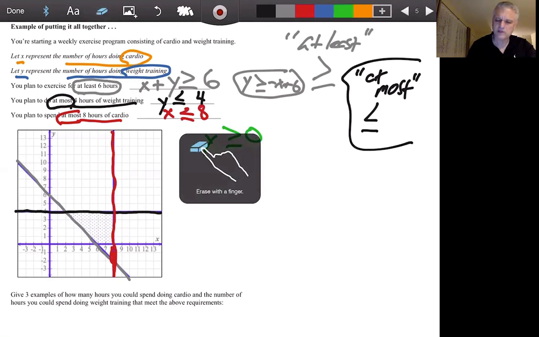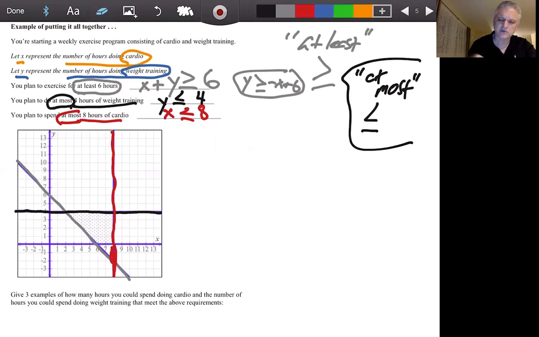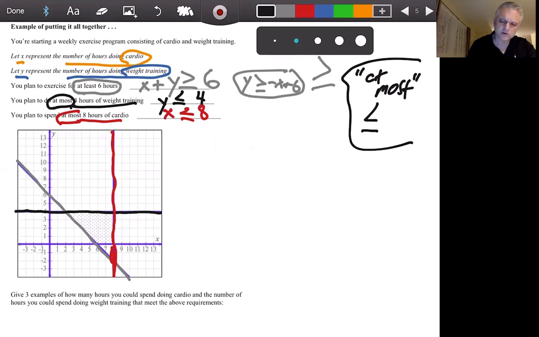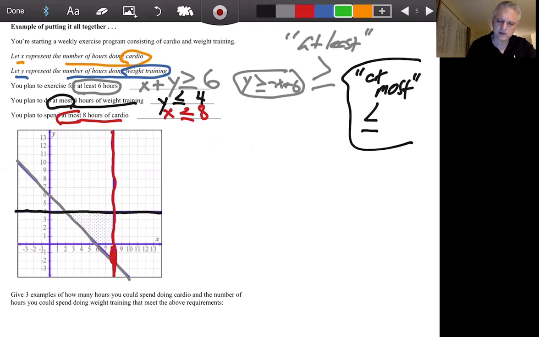So we could put it there, or you could go back, check this out, right back where we were, and you could have done this, okay? I'm going to stay with adding the extra one because there's an extra line here. So y, the number of hours of weight training, can't be negative. It's got to be greater than or equal to 0.